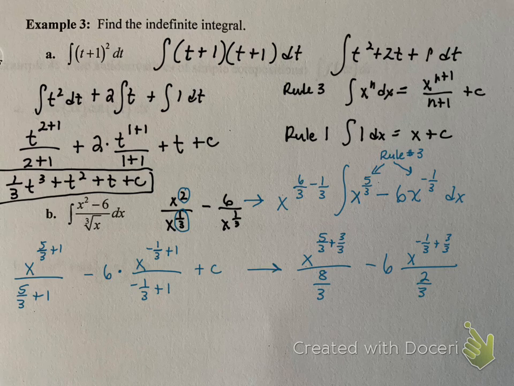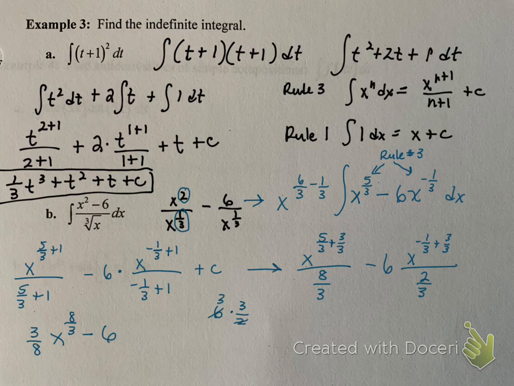So I just have to clean this up again. So this becomes 3/8 x to the 8/3 minus, and then if I flip over 2/3, I get 3/2. And 2 goes into 6 3 times. So 3 times 3 will give me 6. Okay, and if you really want to check it, it looks like this.